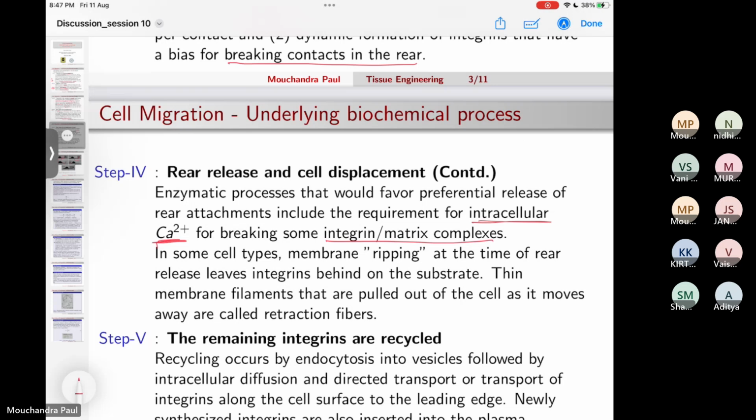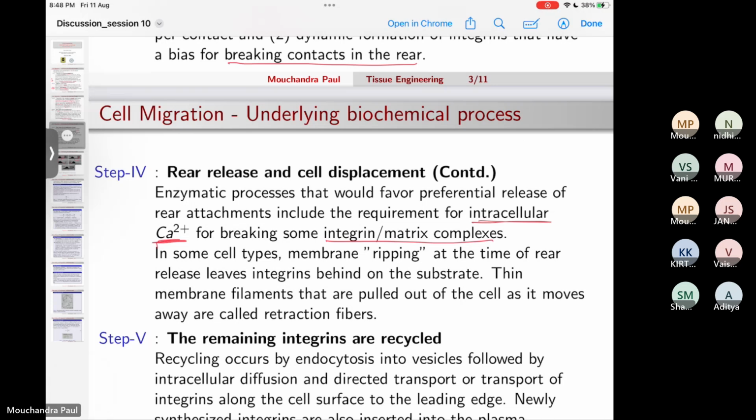These are, as I said, regulated by some protein complexes. Now I assume that these calcium ions must be interacting with these protein complexes, and thereby causing some downstream effect of releasing or breaking the focal adhesion points.